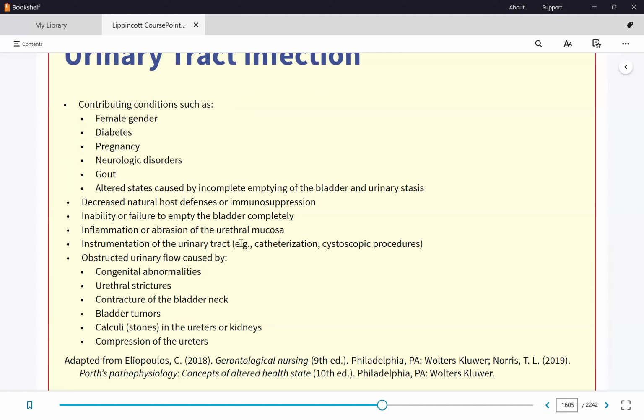The problem again is, yes, we apply antiseptics. Okay, we clean the urethral meatus as much as we can, but do we really absolutely get rid of all the organisms? No, you can't. And then there's obstruction. Again, it leads to urinary retention.